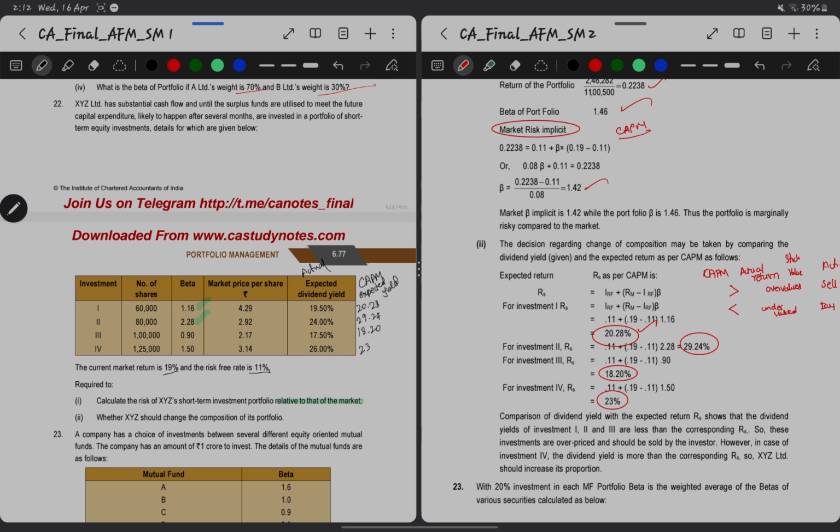Now in the second case, the same thing. In the third case also the same thing. In the fourth case, if we see, the expected return is more. So this signifies the investor who has invested in this is earning 3% more than what is required by CAPM.